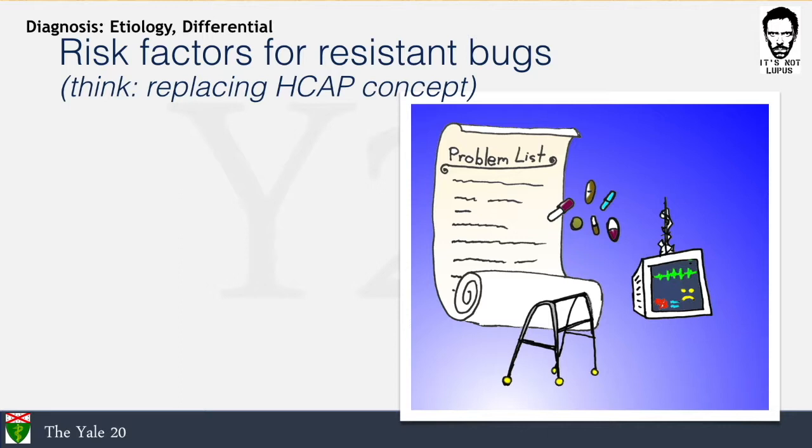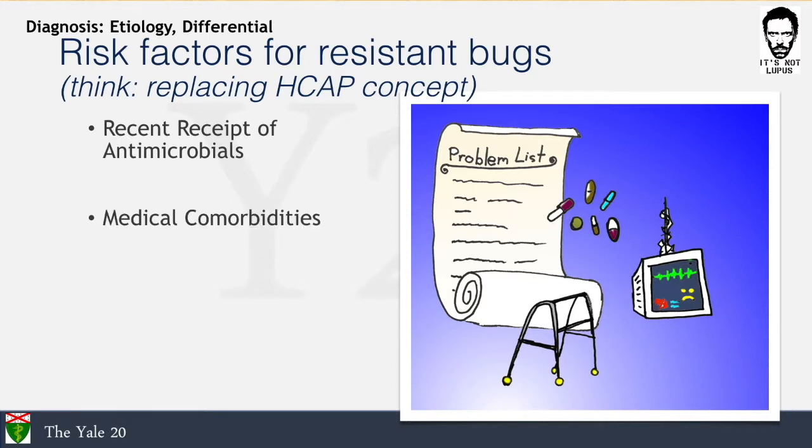Well, like I mentioned before, they're going to kind of overlap with what I said were the risk factors for resistant strep pneumo. So you have people who have recently received other antimicrobials. You have people with medical comorbidities, represented by the long problem list there. You have people with impaired functional status, and then severity of illness. So if they're sicker, you might be more inclined to treat for these unique resistant bugs.